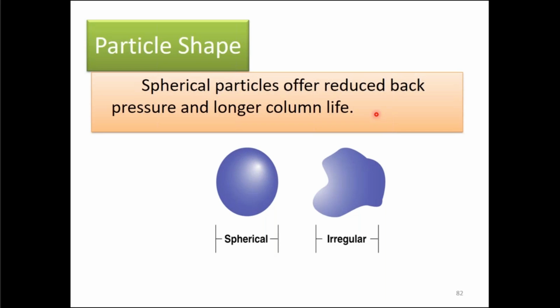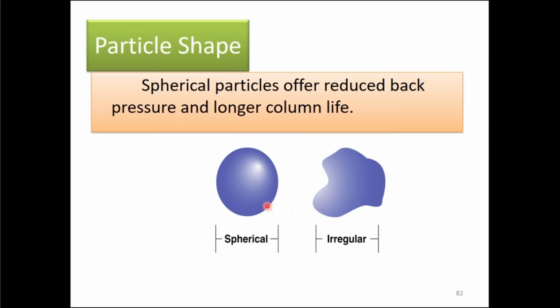What happens then is the mobile phase pressure and its flow rate will get affected if the back pressure of the column becomes more and more. So always back pressure should be quite low so that the pressure and the flow rate of the mobile phase do not get affected. We will be getting what we have set it to be. This happens best when you have spherical particles loaded in your HPLC column.